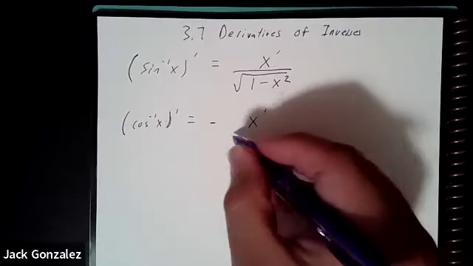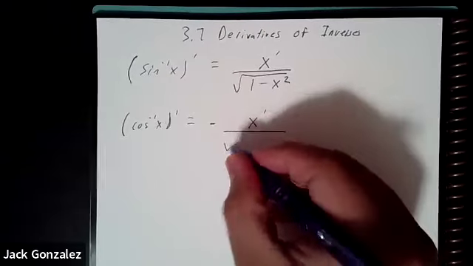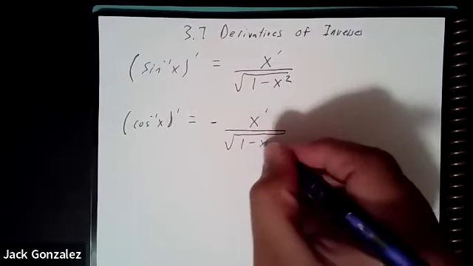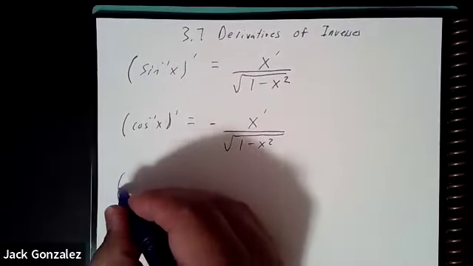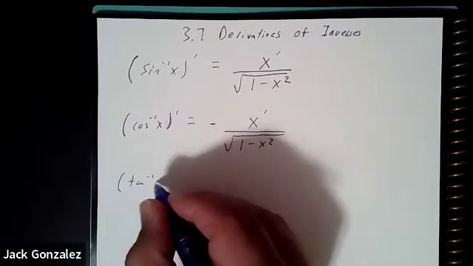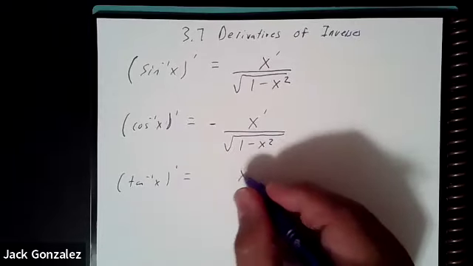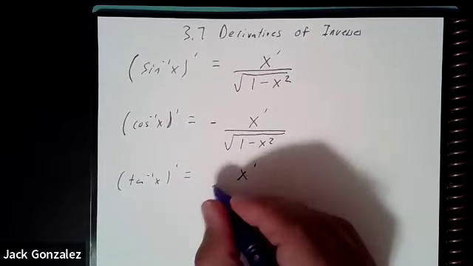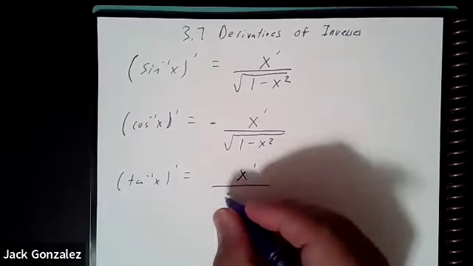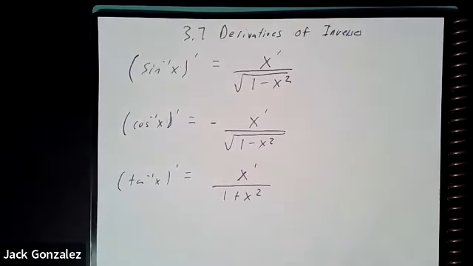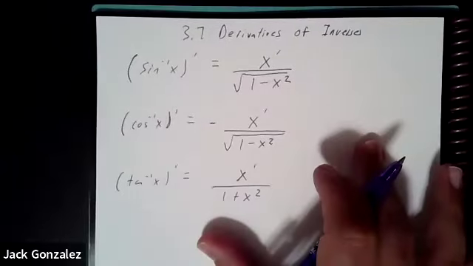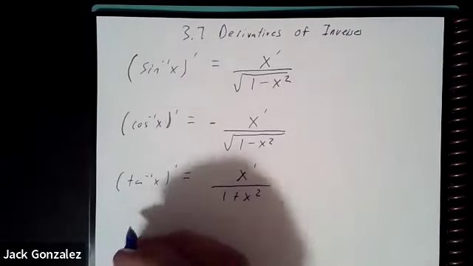So the derivative of the argument over the square root of 1 minus x squared. Tangent inverse derivative will be the derivative of x over 1 plus x squared. All right, so that's mainly all we need. So just follow these formulas, and you'll be good.